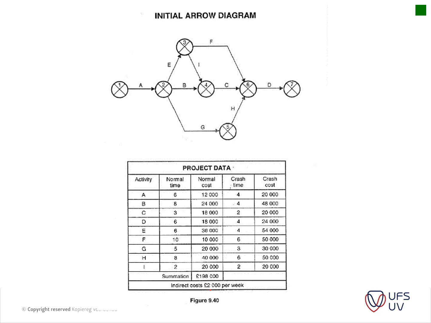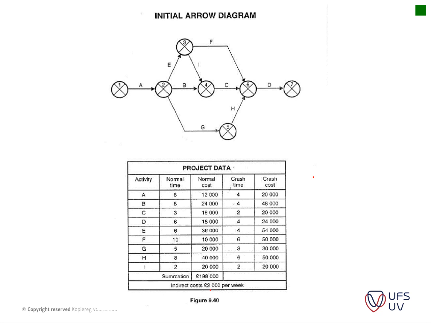And then on page 119, you will see this diagram. So in figure 9.41, the analyzed diagram based on the normal time situation gives an overall project duration of 28 weeks.